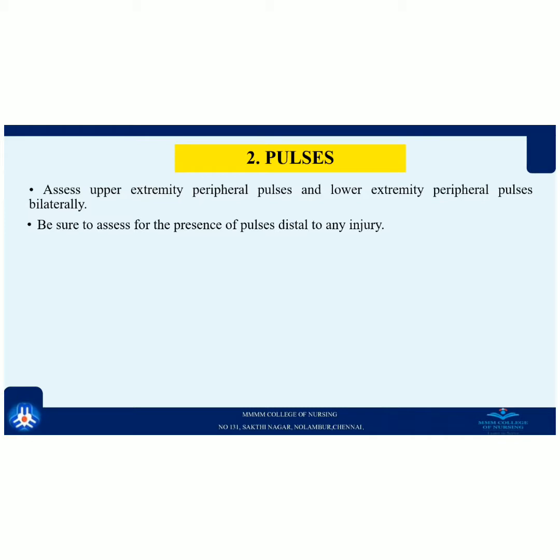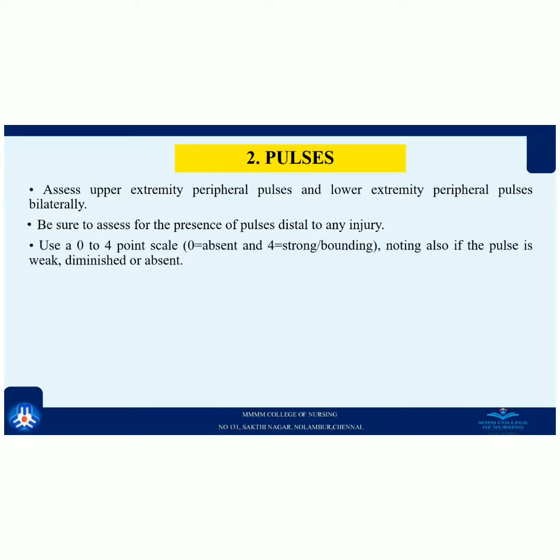Be sure to assess for the presence of pulse distal to any injury, which serves as the neurovascular status of the affected extremity. Use a 0 to 4-point scale to record the pulse, where 0 represents absence of pulse and 4 represents a strong and bounding pulse.